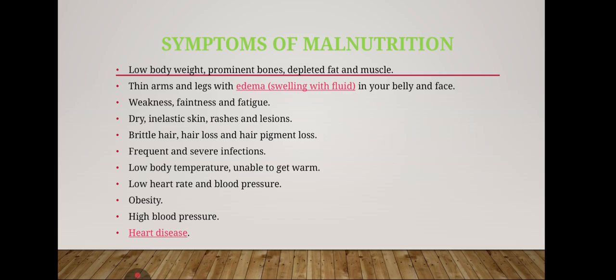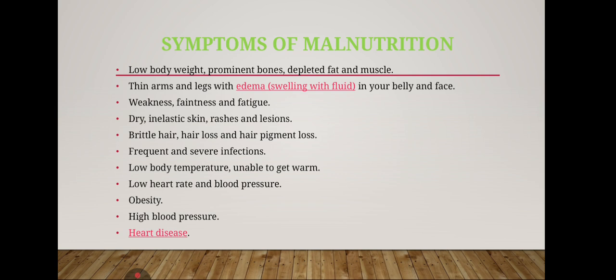The next one, symptoms of malnutrition. The symptoms are that the person loses body weight, the bones get weak, and muscle mass and fats are lost. The persons get thin arms and legs with edema, that is swelling with liquid. Fluid means liquid.